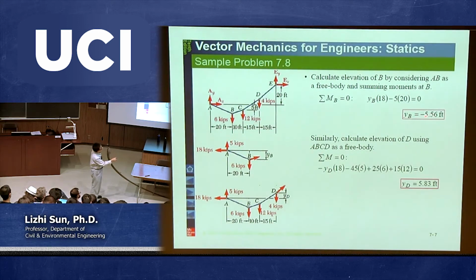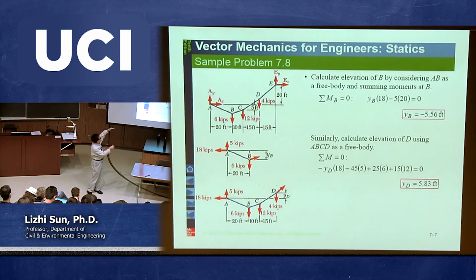But I know the reason why they put a negative sign, because they want to indicate it's below. The reason you cannot get a negative is that you assume this YB is below already. The YB you plotted, point B is already below point A. So that's why this YB, based on your calculation, should be positive. If it's positive, then in fact it's below. So that's why their final answer is negative 5.56.